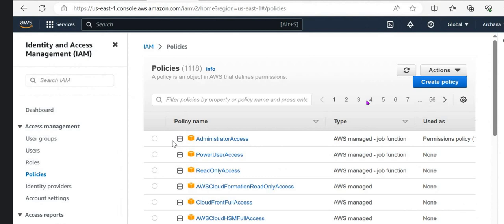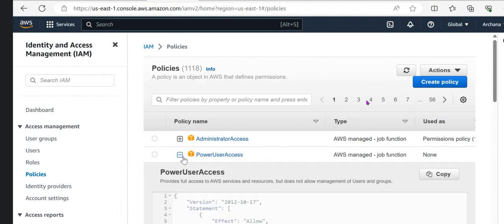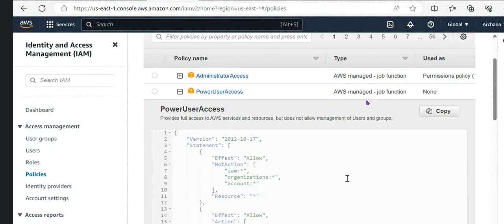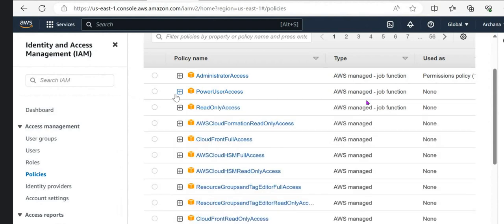So that KYC verification is a government policy. Using that policy, certain permissions or actions are either enabled or disabled. If you abide by that policy, then only those functionalities will be activated.